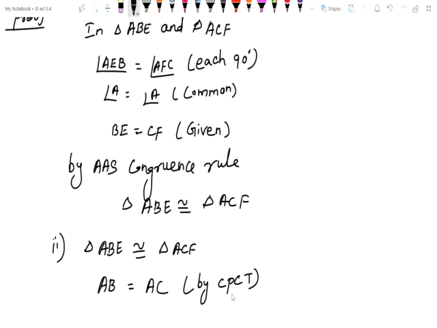So AB equal to AC means ABC is an isosceles triangle. Therefore ABC is an isosceles triangle. Okay children, is it clear to you? Thank you children.